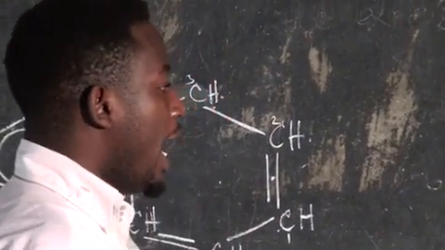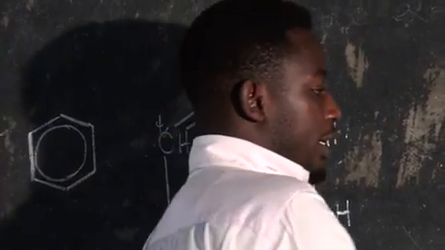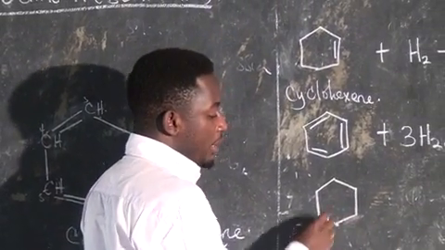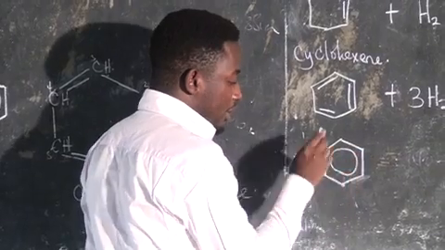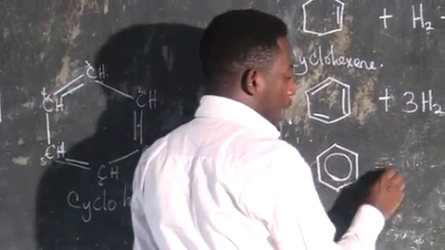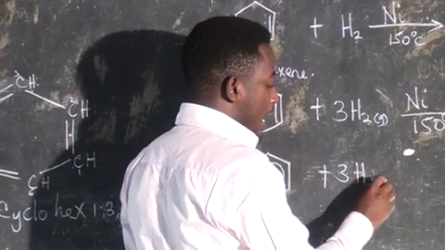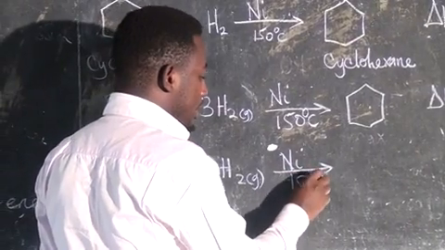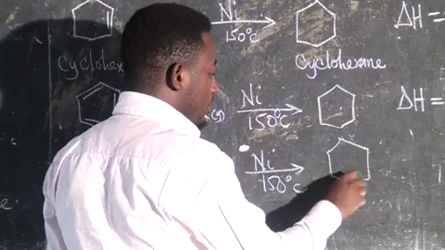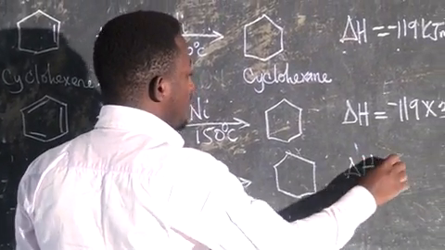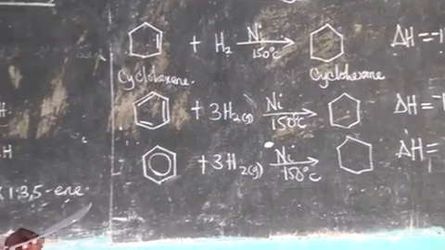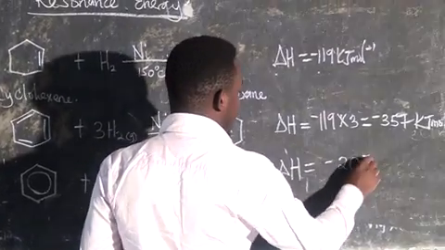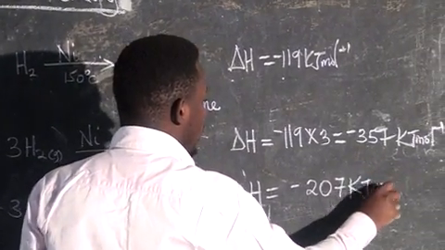If I represent the hydrogenation of benzene using a ring, plus 3 hydrogen gas in the presence of nickel at 150 degrees Celsius, leading to the formation of cyclohexane, the enthalpy of hydrogenation of benzene is actually minus 207 kilojoules per mole.